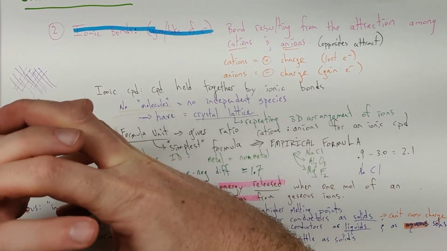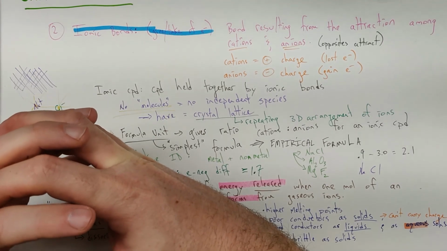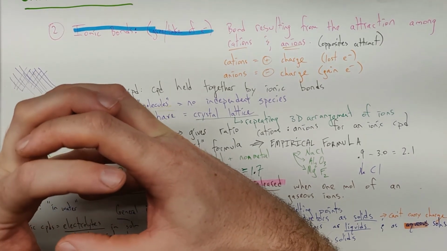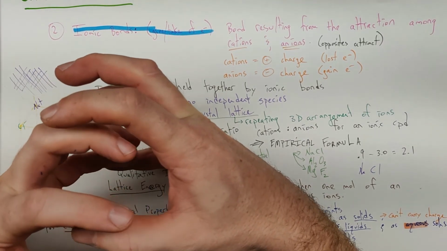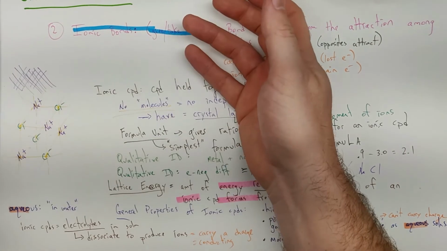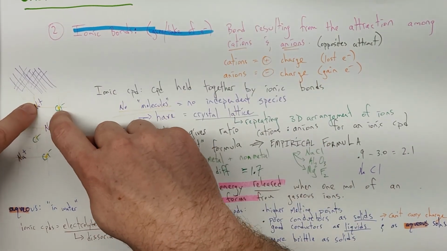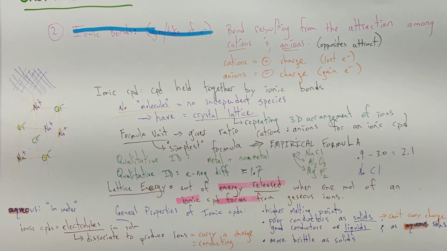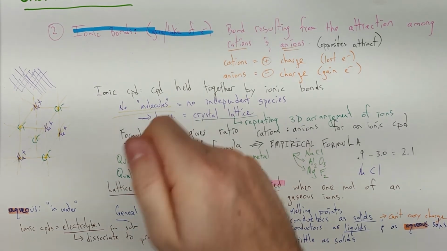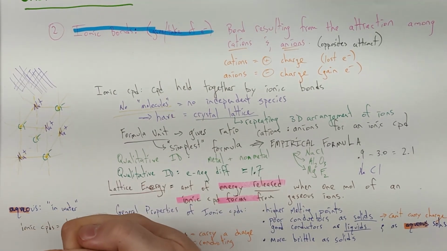And so you get very specific distances between these particles, and they're locked in place. And if you put pressure on that ever so slightly, then that force balance falls apart and the whole thing just crumbles. If you just smack a salt crystal, it'll turn into a fine powder.